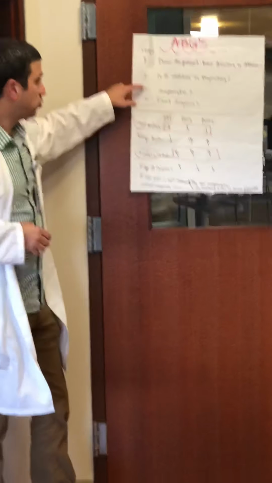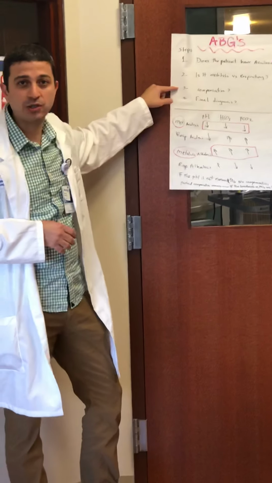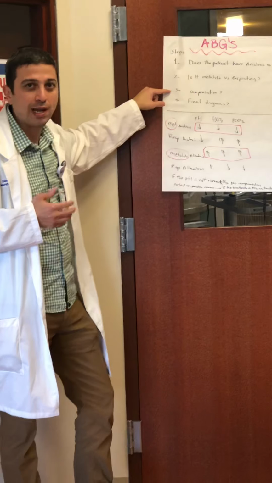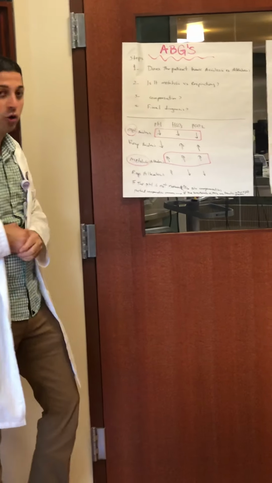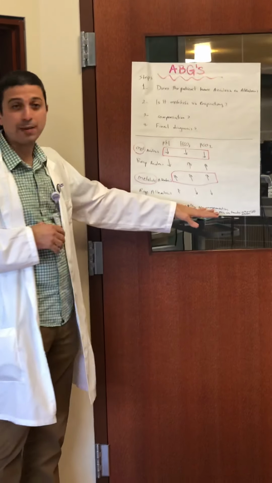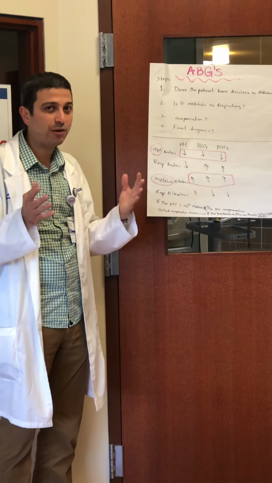Now to the issue of whether we have compensation or no compensation. That's going to really depend on your pH to a great extent. If your pH is not normal, give or take 2 points, then we're dealing with no compensation. We know the normal range is between 7.35 and 7.45.